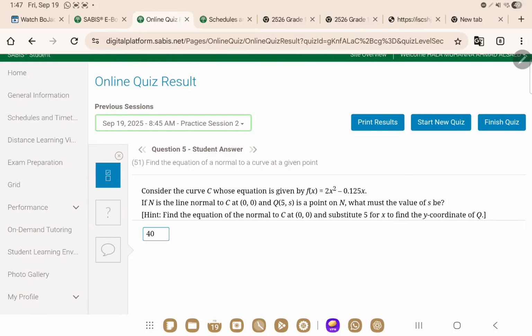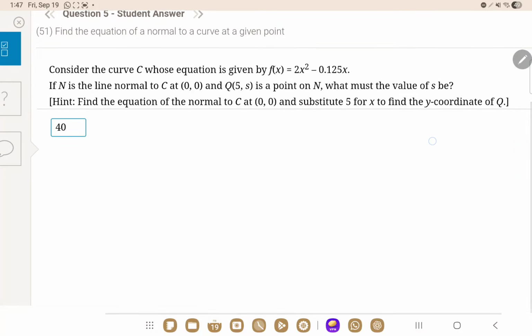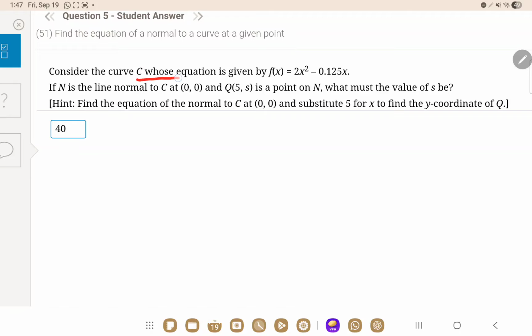Moving on. Here we started with curves. Now you have a curve whose equation is given by f(x) equals 2x squared minus 0.125x, which is the same as 2x squared minus 1 over 8x.